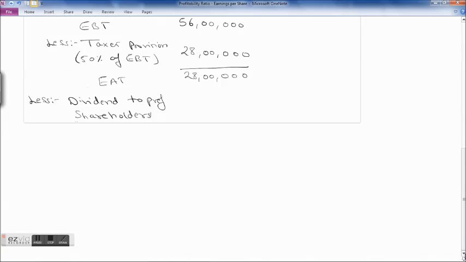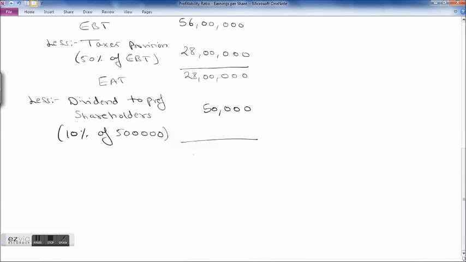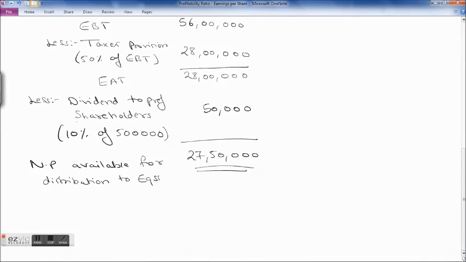So 10% of 5 lakh comes to 50,000. So 27,50,000 is nothing but the net profit available for distribution to equity shareholders.